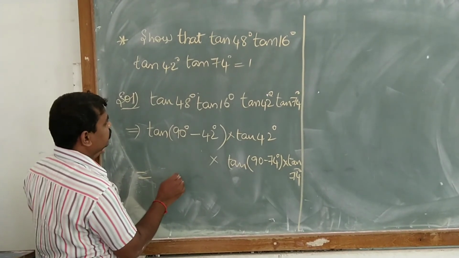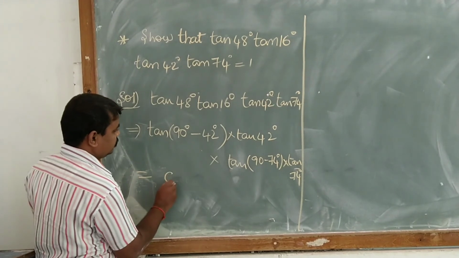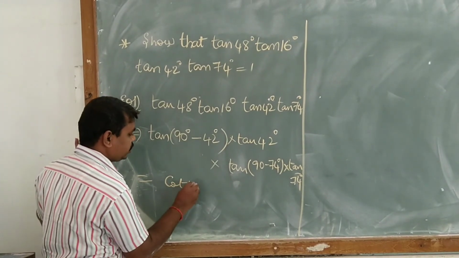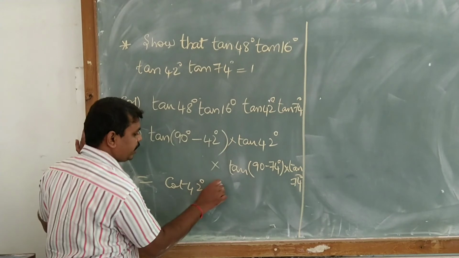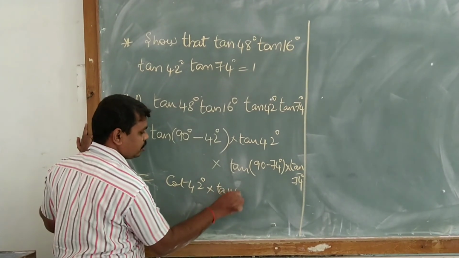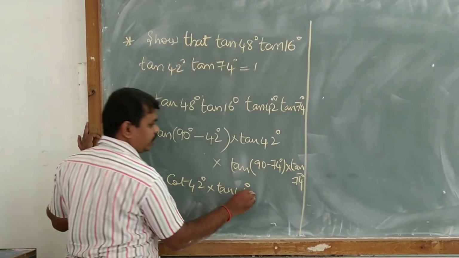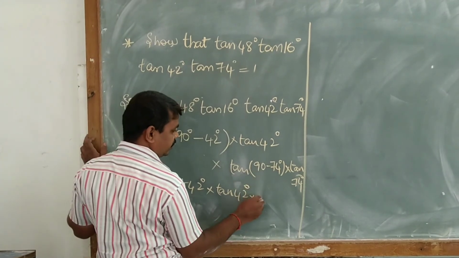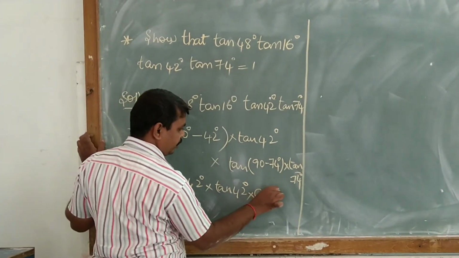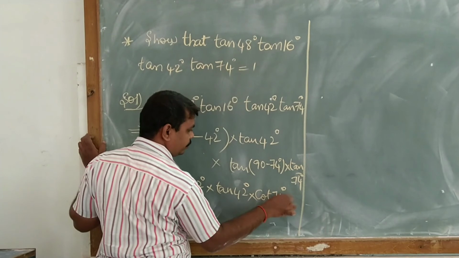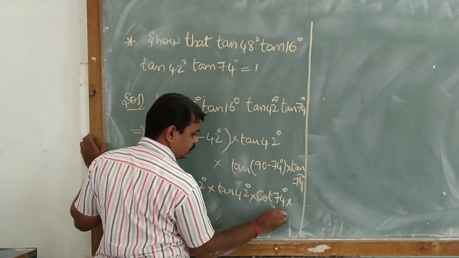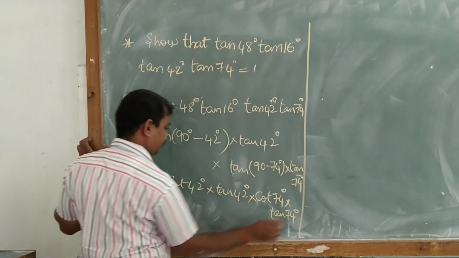Cot 42 degrees into tan 42 degrees. Again tan 90 minus 74 degrees, that is cot 74 degrees into tan 74 degrees.